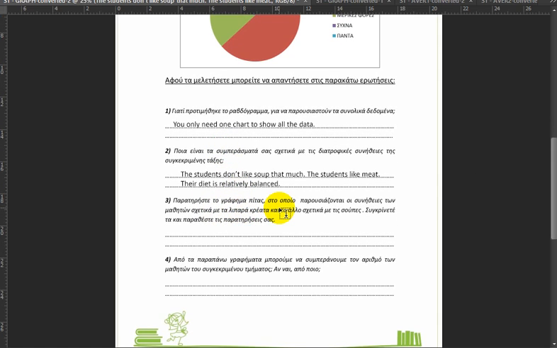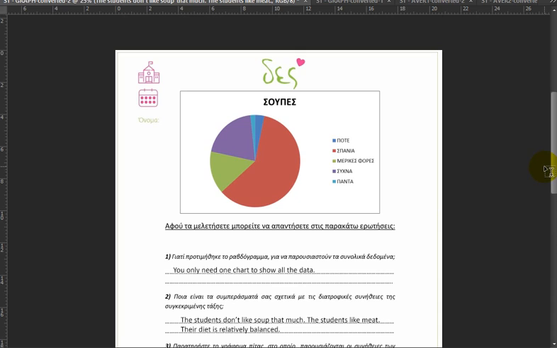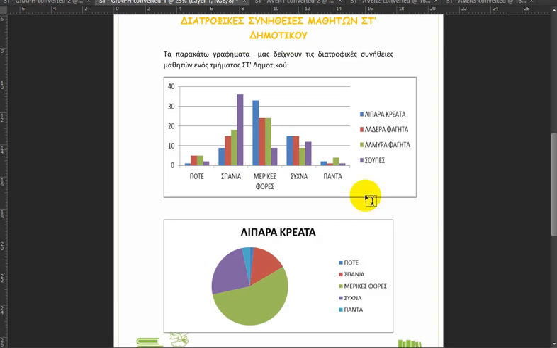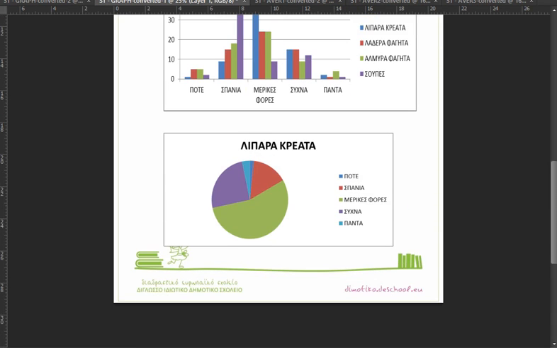We want to look at the pie chart that is focused on the meats, and then the other one about the soups. And then we want to compare and see what we get, basically. So this is the pie chart for the soups, and this is the pie chart for the meats.